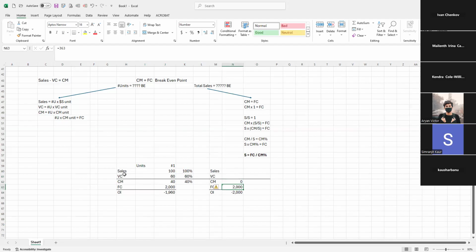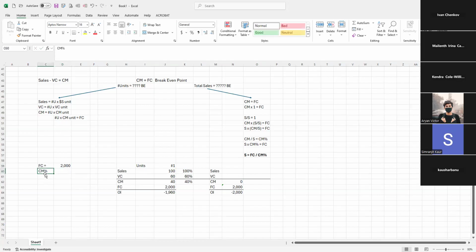So, do we know our fixed cost? Well, we know the fixed cost. Fixed cost is equal to $2,000. Do we know our contribution margin ratio?